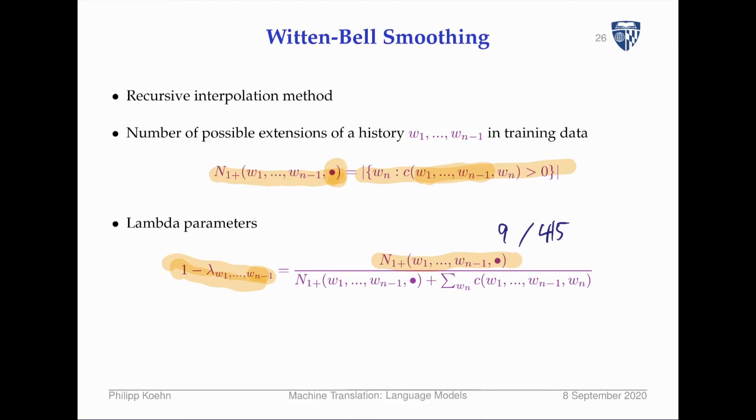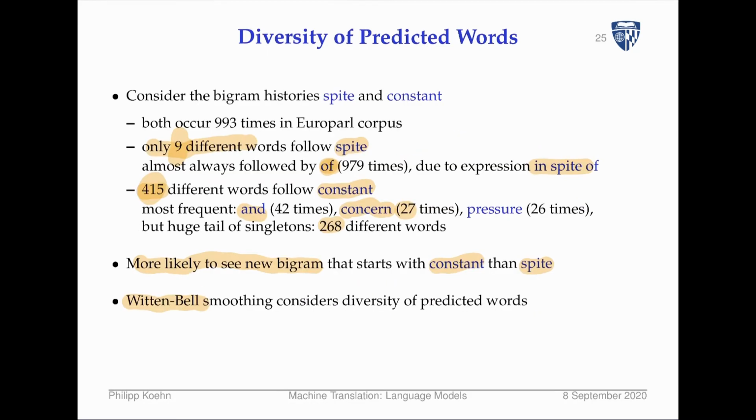This is the 9 or the 415 for the two choices, spite and constant. And down here is the total number. So this was the 993, if I still got that right. Yeah.